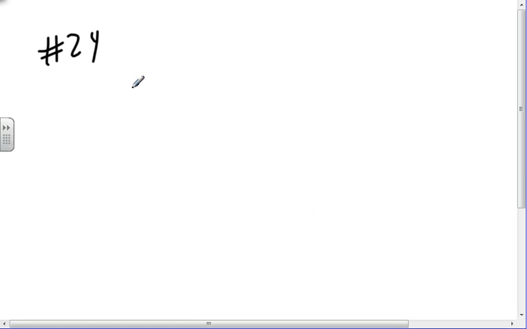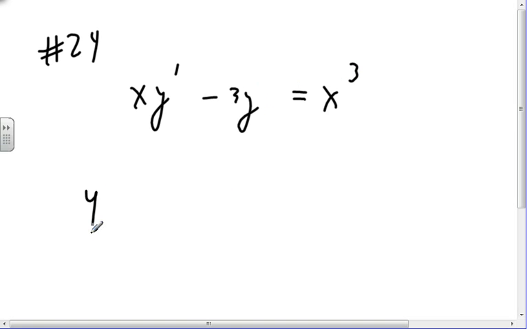Yeah, that's right. So x y prime minus 3y is equal to x cubed, and I've got that y is equal to c x cubed plus x cubed natural log x.